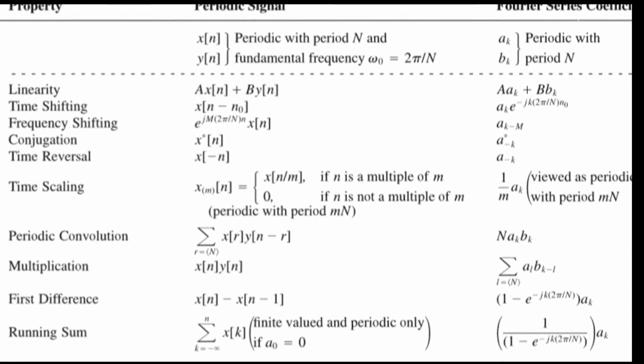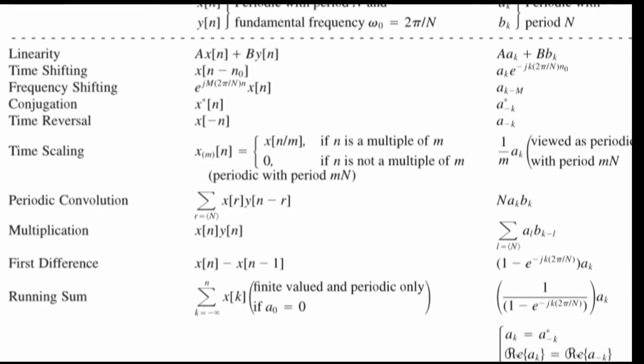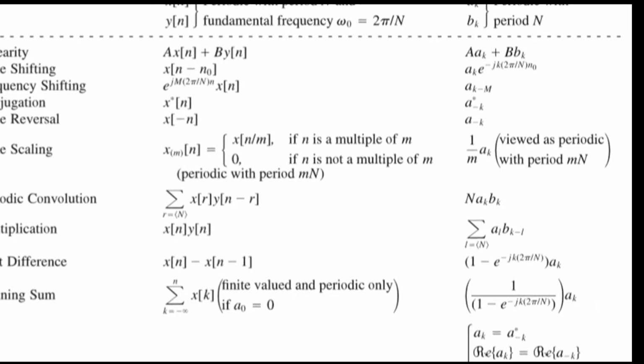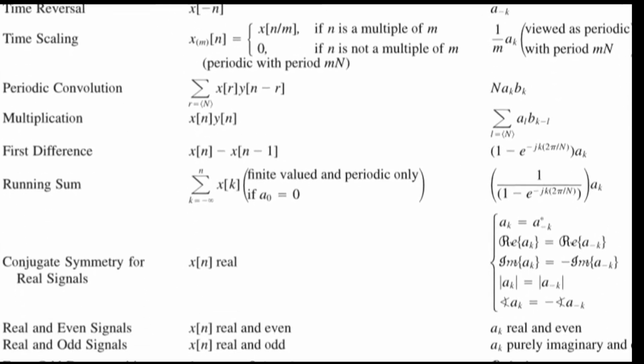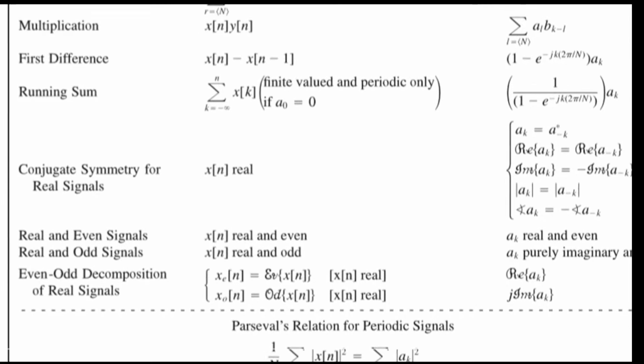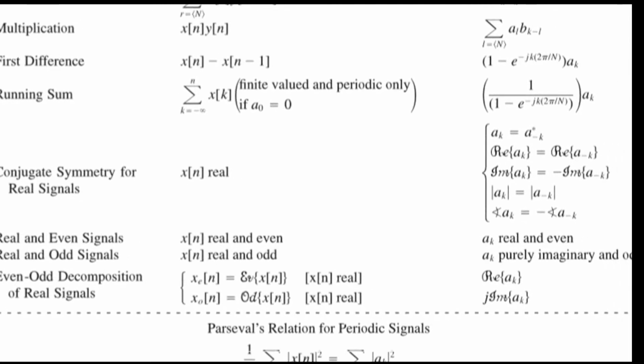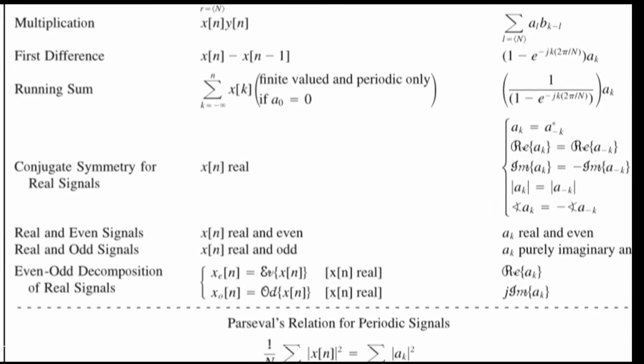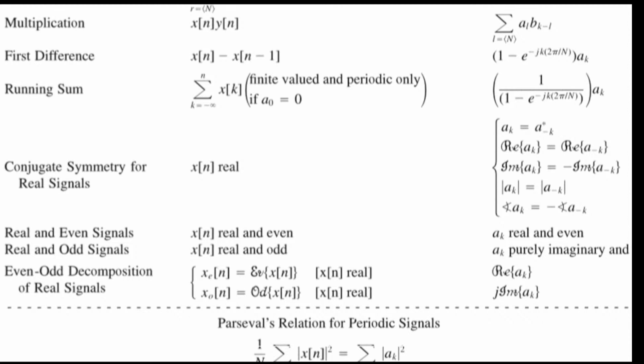Then we also have the convolution and multiplication pair, which is very similar, but time scaling is different, and we are going to go into detail about time scaling later. Down here we have the conjugation symmetry for the real and imaginary parts.